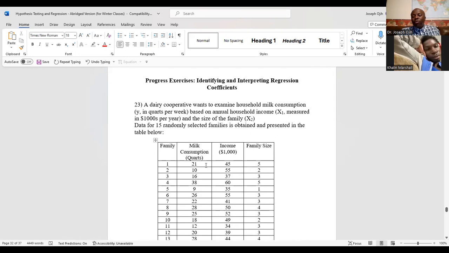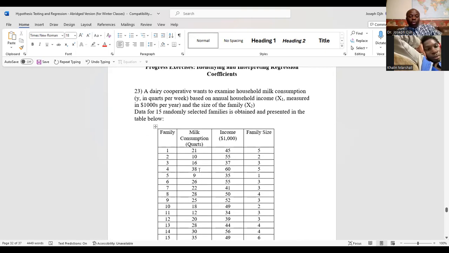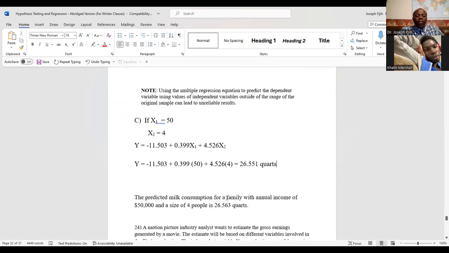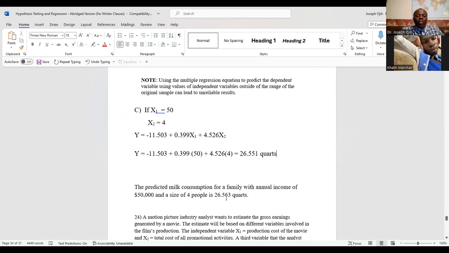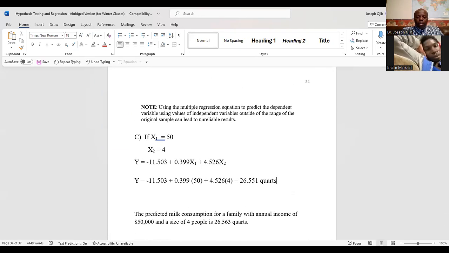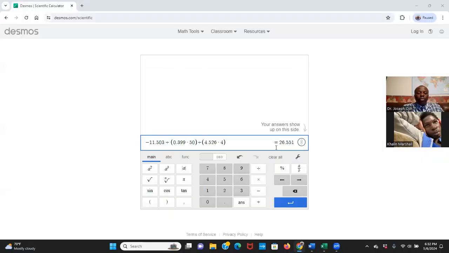It might be 21,000 quarts because all this is in thousands. Actually, it's the income that is in thousands. So our answer is 26.551 quarts. I hope I put everything correctly. If you look at the calculator, 26.551 quarts. That's what they got.